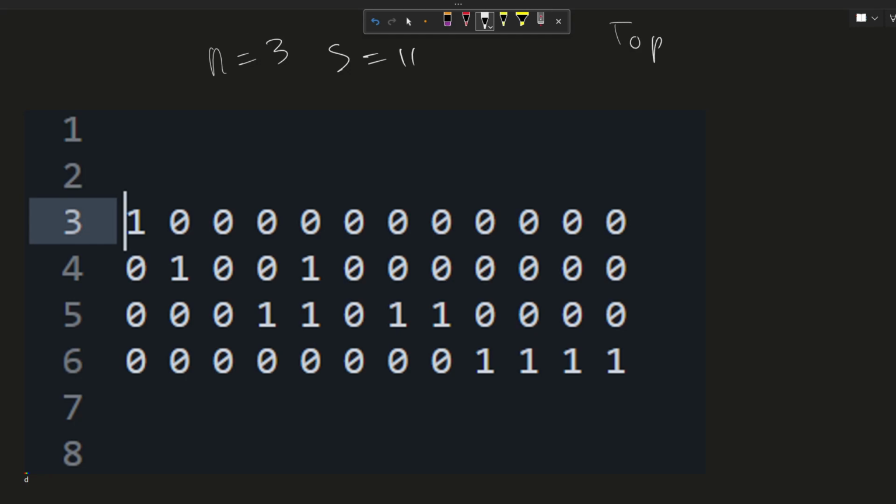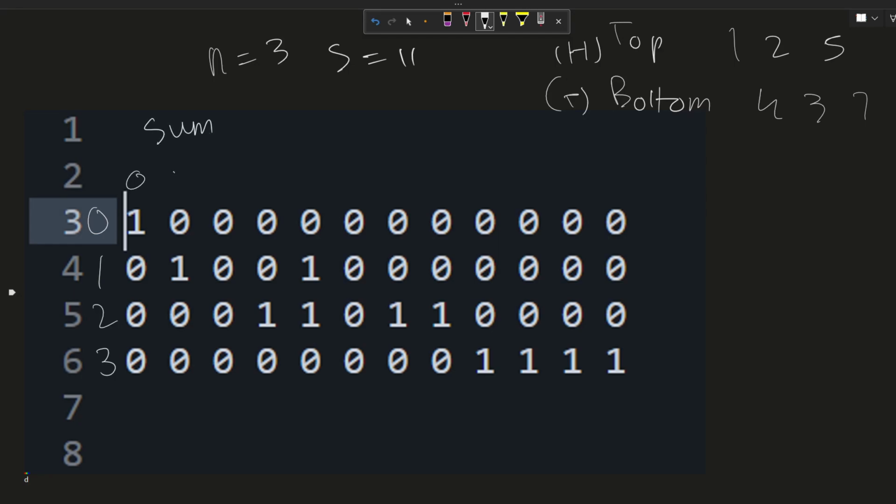The numbers written on the front part, denoted by a, were 1, 2, and 5, and the numbers written on the bottom part, denoted by b, were 4, 3, and 7, right? And let's mark the indices as well. This was i equals 0, 1, 2, and 3. And for the sum part, this was 0, 1, 2, 3, 4, 5, 6, 7, 8, 9, 10, and sum equals 11, right?